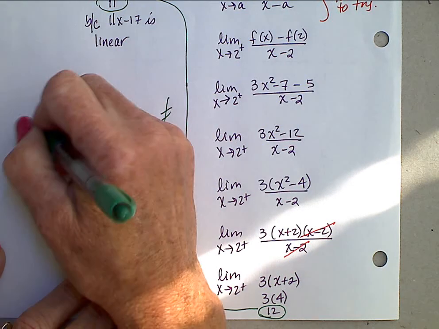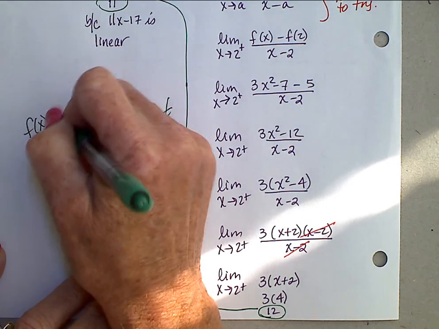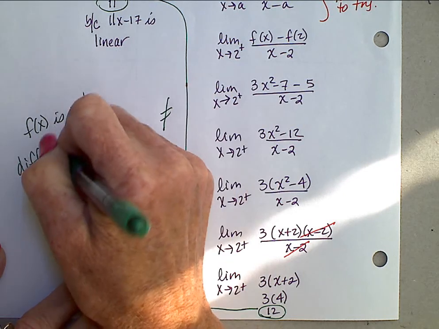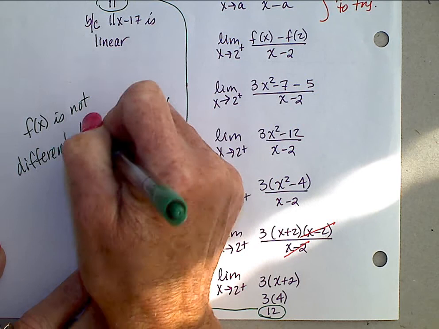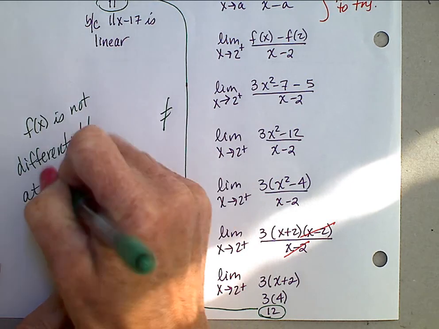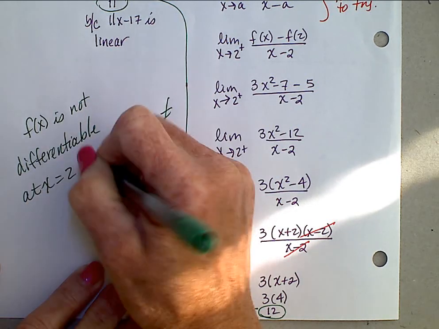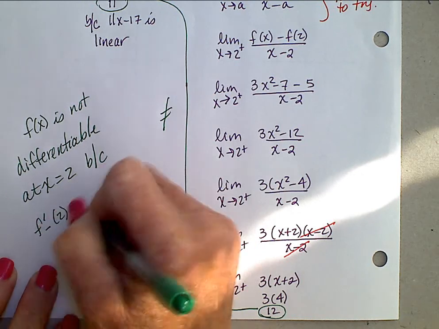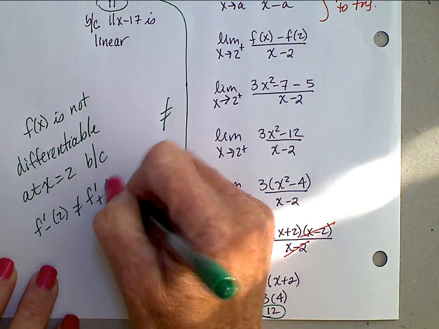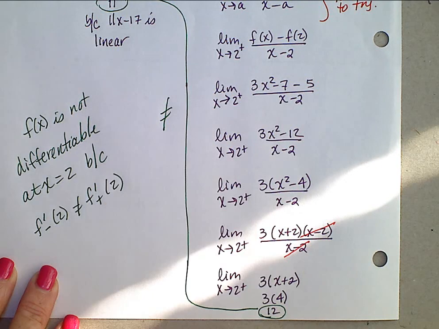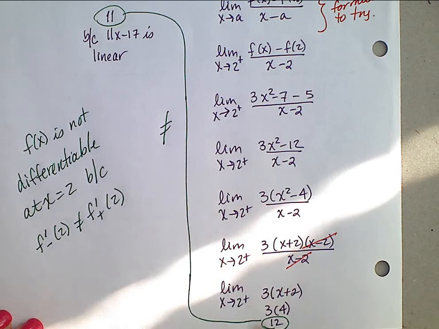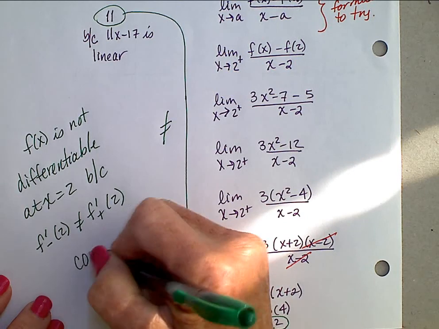So f of x is not differentiable at x equals 2 because f prime from the left side of 2 does not equal f prime from the right side of 2. And we had specific numbers here, 11 and 12. That means that we have a corner.